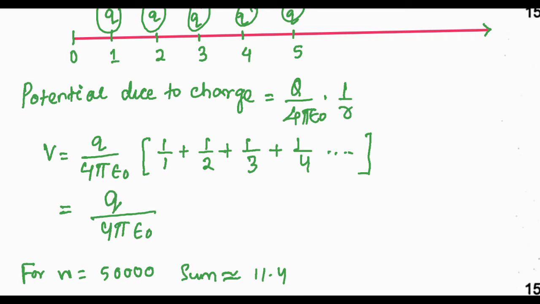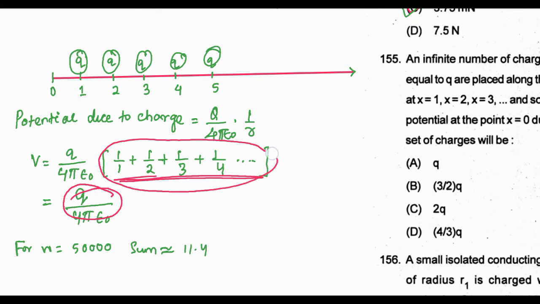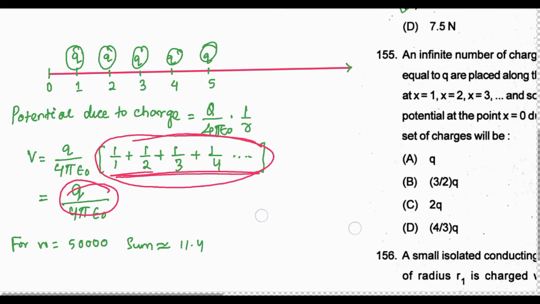And if we consider this series, this series may seem to be a convergent series, but this is not convergent. And you cannot find out the answer by q by 4 pi epsilon naught times this series value, because I am explaining this one.